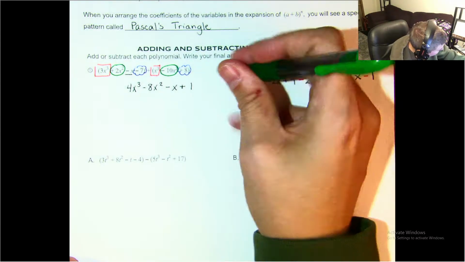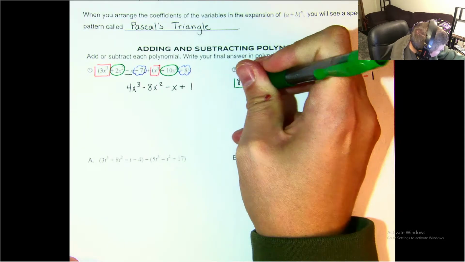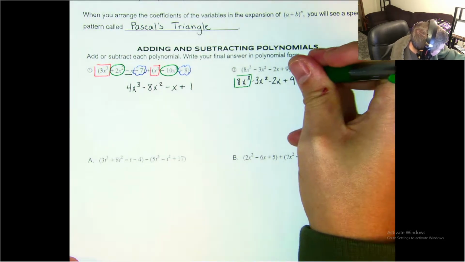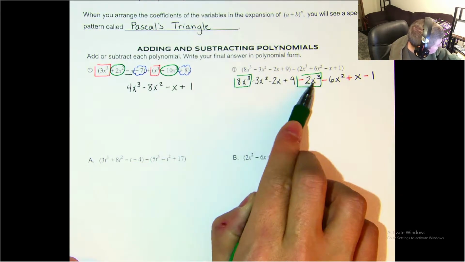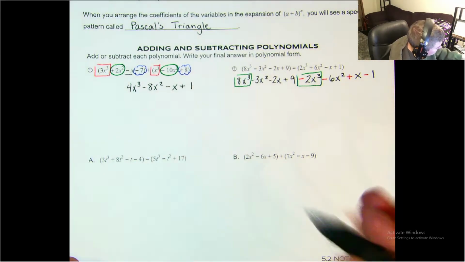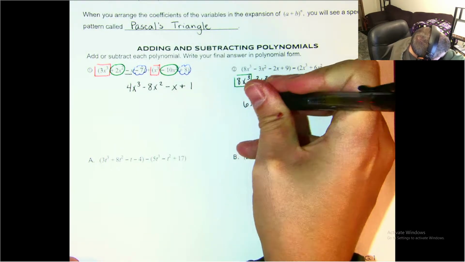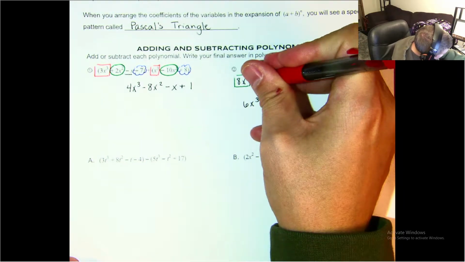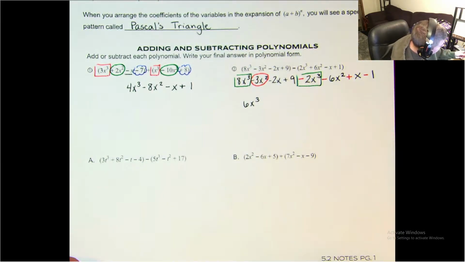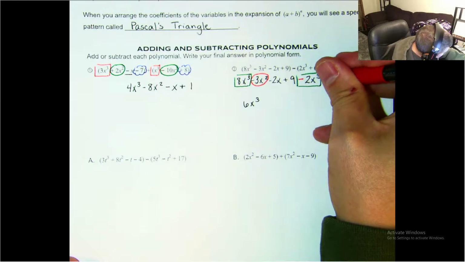Okay, so for example, I have 8x cubed can be combined with negative 2x cubed. So 8x cubed minus 2x cubed, or plus negative 2x cubed, is 6x cubed. Okay, what about here? Negative 3x squared. Negative 3x squared can be combined with negative 6x squared.